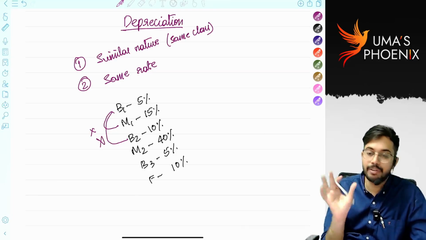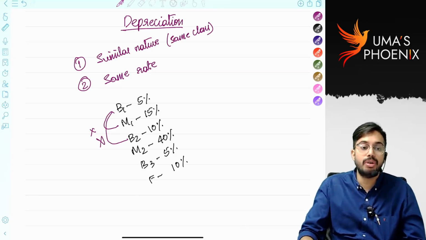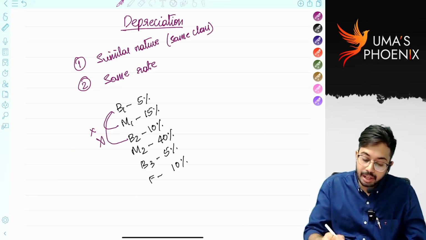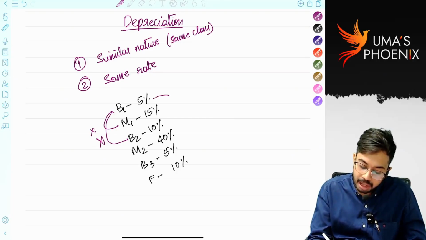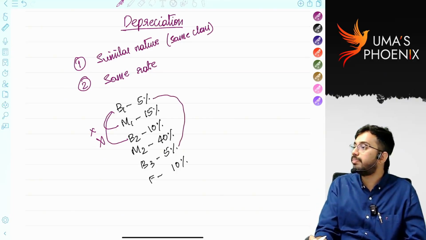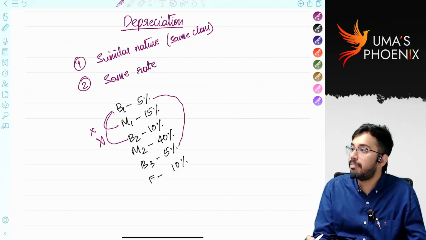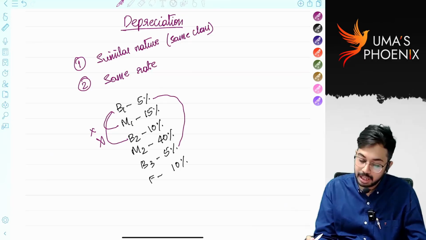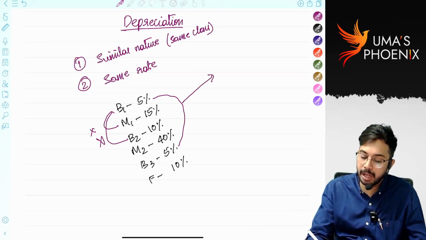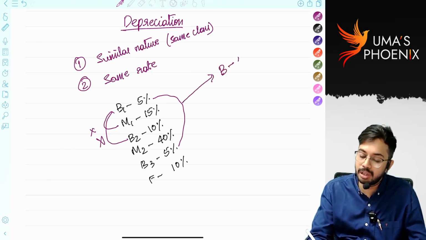I cannot classify building 1 and building 2 into one block, correct? Now, can I classify building 1 and building 3 into one block? Both are buildings only, same class. Building 1 rate of depreciation 5%, building 3 rate of depreciation 5%. So I will classify these two assets into the building 5% block.